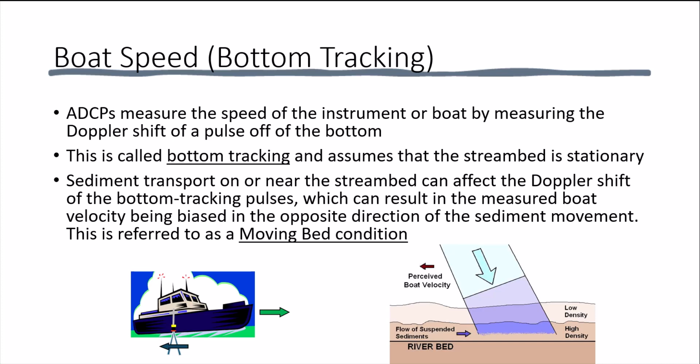Because of this, sediment transported on the stream bed or near the stream bed can be within the long pulse and can affect the Doppler shift of the bottom track pulse, which can result in the measured boat velocity being biased in the opposite direction of sediment transport. This bias in the boat velocity, which results in a water velocity bias, is referred to as a moving bed condition.